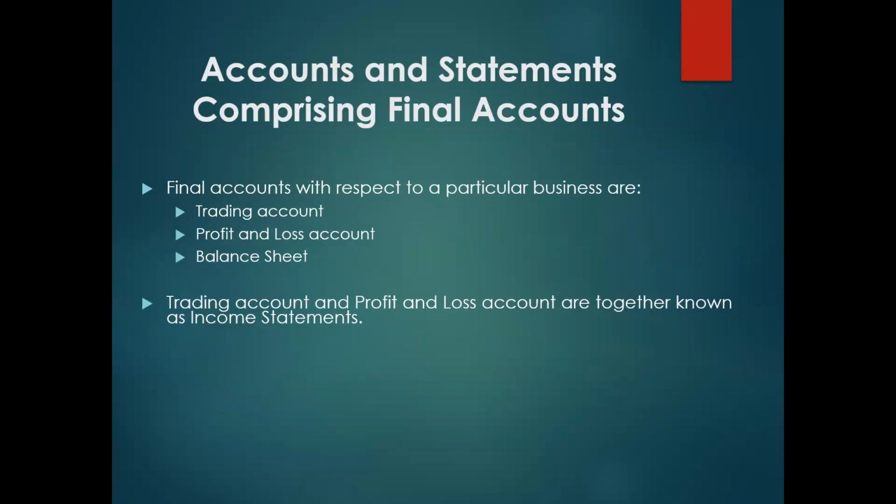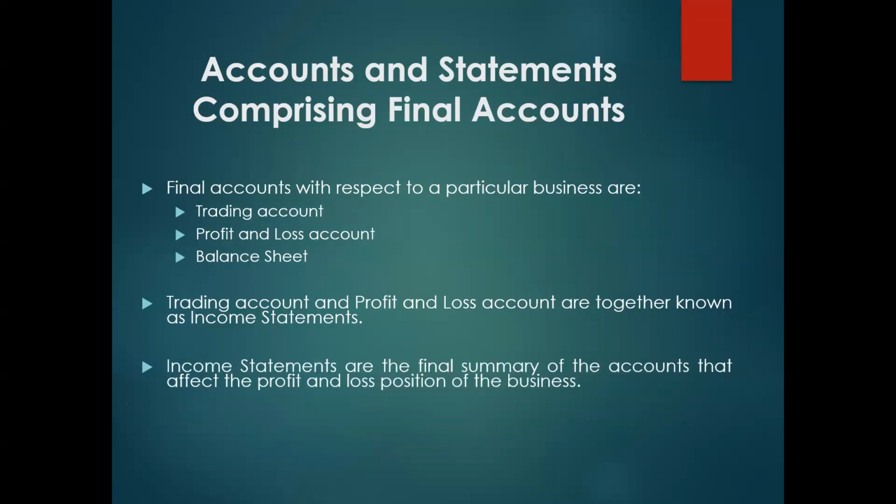The main three account statements which have to be prepared by any organization are the trading account, profit and loss account, and balance sheet. The trading account and profit and loss account together are known as the income statements. This is one of the final summaries of the total accounts.